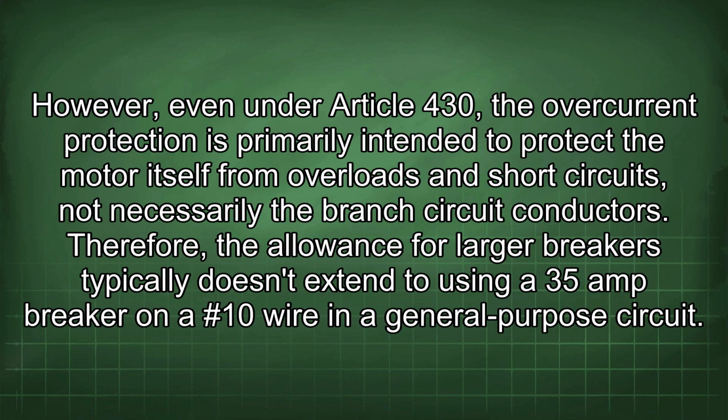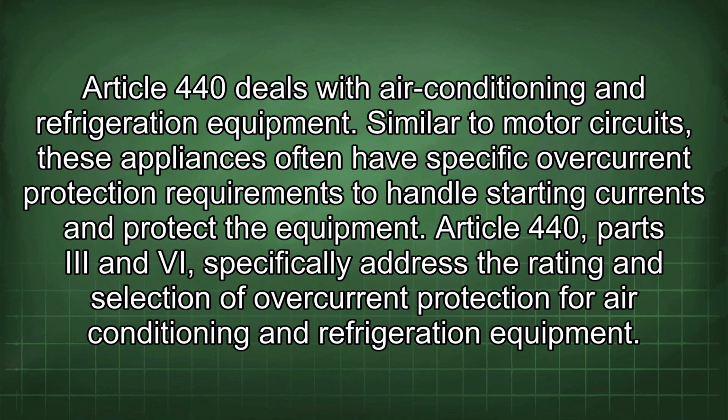Article 440 deals with air conditioning and refrigeration equipment. Similar to motor circuits, these appliances often have specific overcurrent protection requirements to handle starting currents and protect the equipment. Article 440, Parts III and VI, specifically address the rating and selection of overcurrent protection for air conditioning and refrigeration equipment.